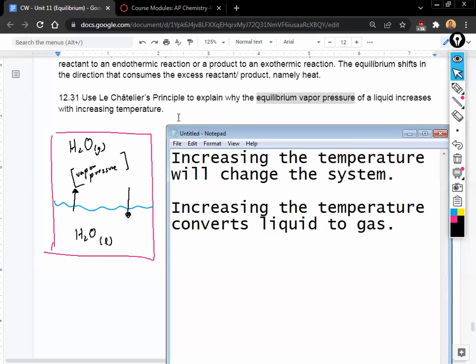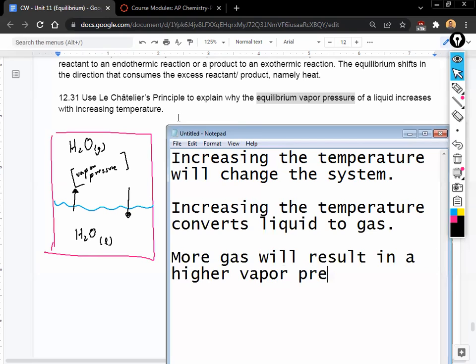If the system is going to create more gas, more gas will result in a higher vapor pressure, because the more gas that you have, the higher the pressure is going to be.